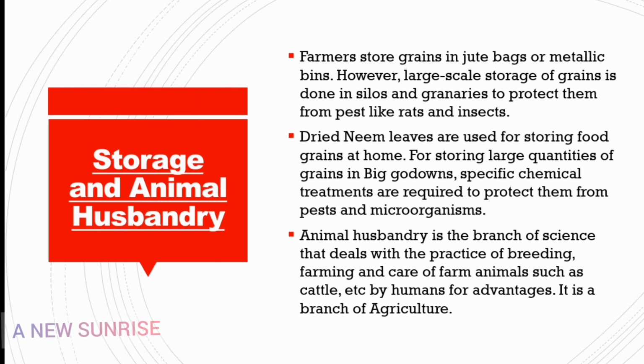For storing large quantities of grains in big godowns, specific chemical treatments are required to protect them from pests and microorganisms. Animal husbandry is the branch of science that deals with the practice of breeding, farming, and care of farm animals such as cattle by humans for advantages. It is a branch of agriculture. So, we have completed this topic also.